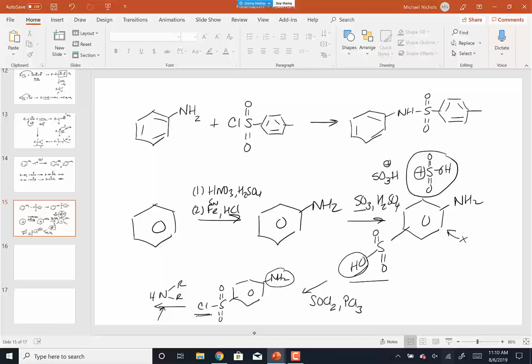So that classification of sulfa drugs is an illustration of electrophilic aromatic substitution, the sulfonyl chlorides, and then alkylating the amines if necessary. Okay, so that's another series of drugs, or a series of reactions we can do with amines.